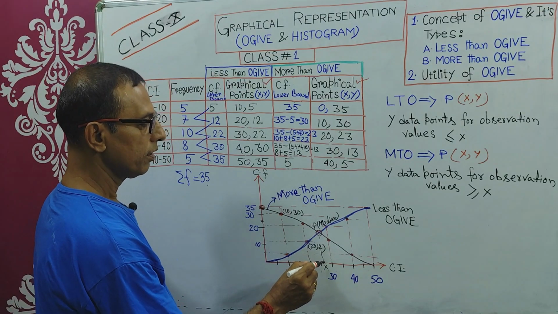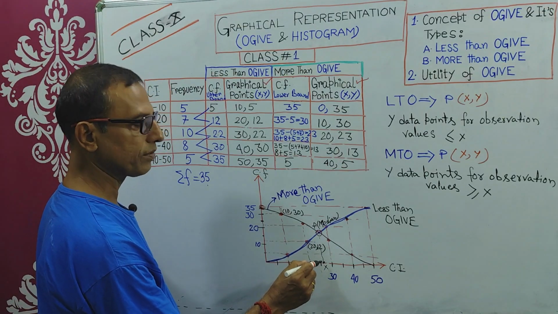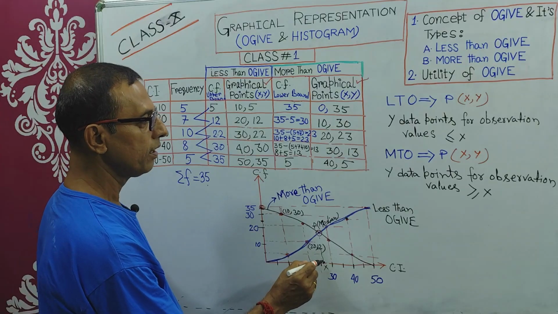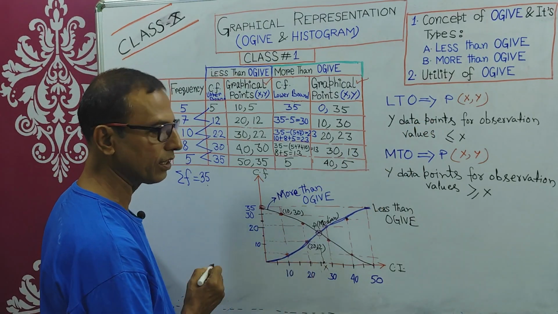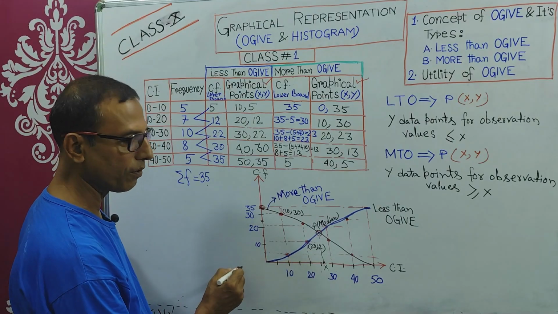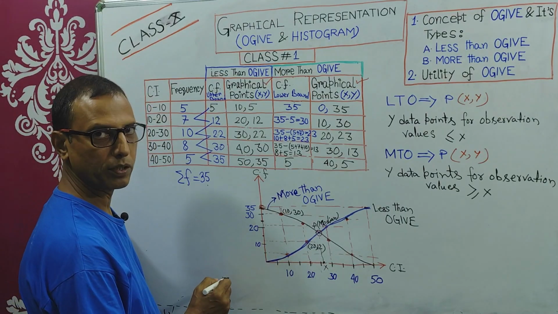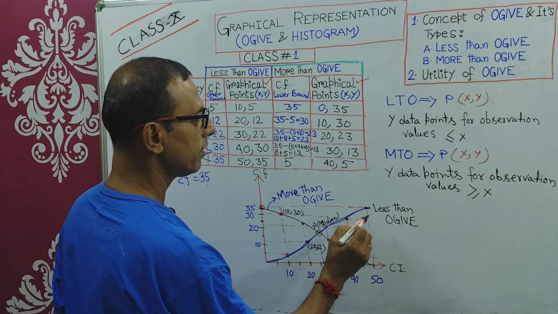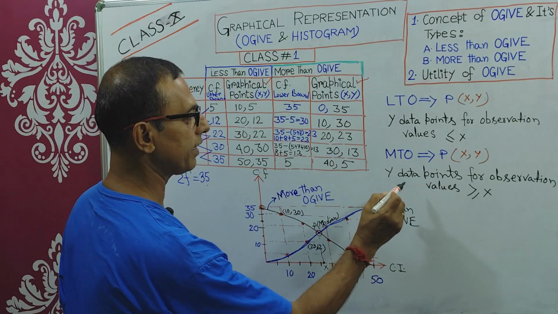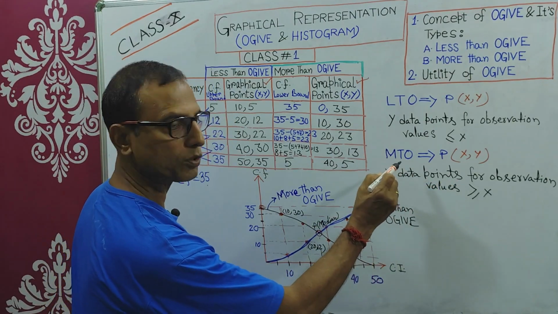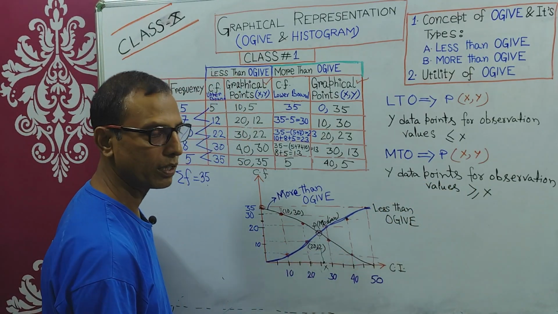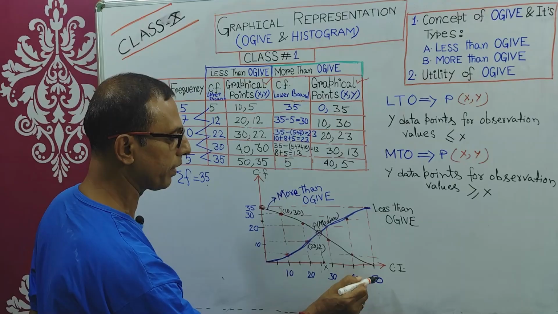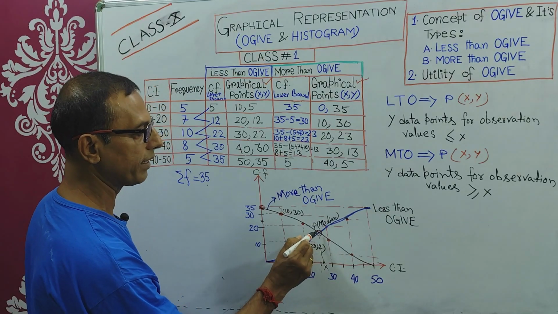So the left side of point x has y data points, and the right side of point x, with respect to more than ogive, has y data points for observation values greater than or equal to x. That means greater than or equal to x also you have y data points.